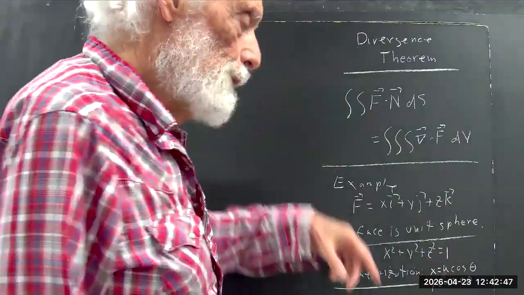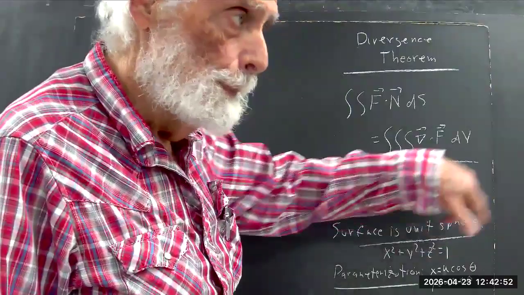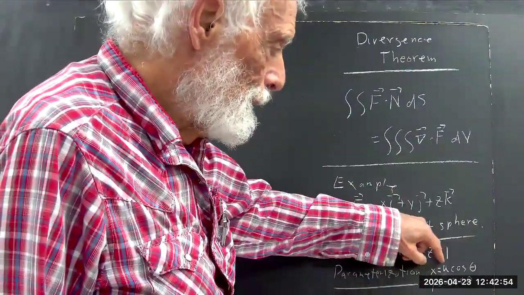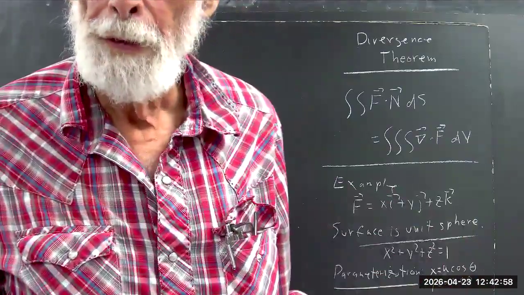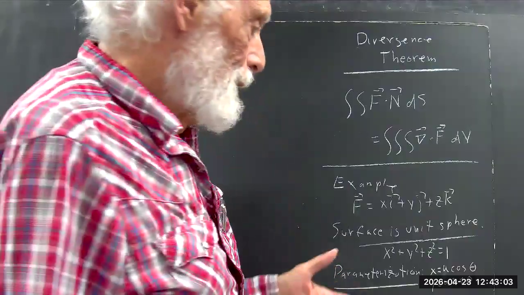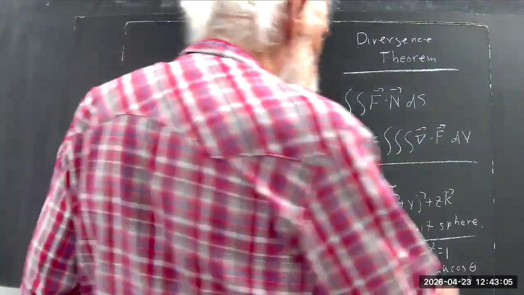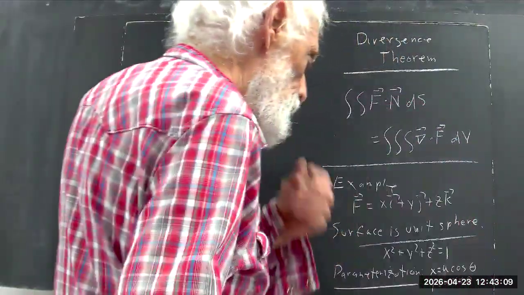I'll write out the parameterization again with all the conditions. Theta is going to go from 0 to 2 pi. For a given u, you have a circle of radius u centered at the origin. That should be totally familiar. It's one of the most foundational parameterizations there is, and I've mentioned that before. So make sure you understand that.